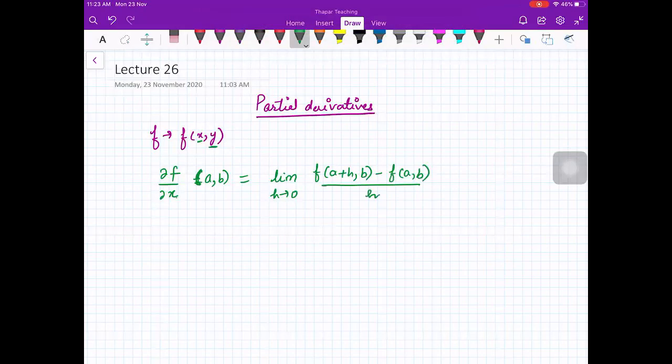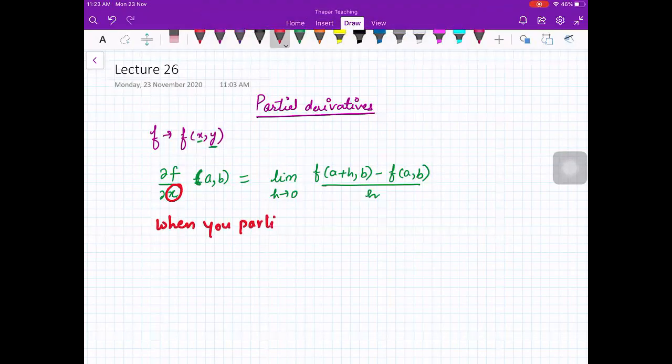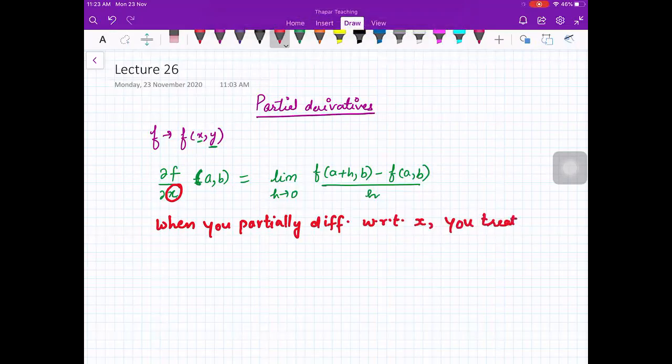So when you partially differentiate with respect to x, you treat y as a constant. Here you can see that you are just increasing the x coordinate, so y is treated as a constant.